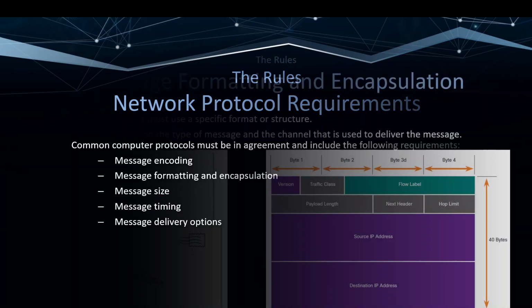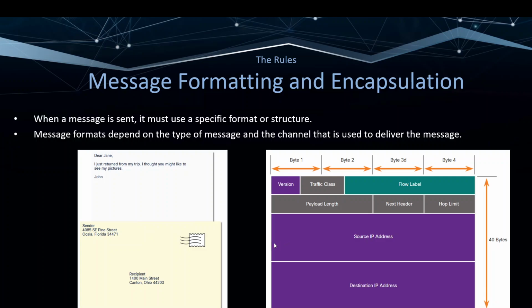Let's move forward. As you can see here, the message formatting and encapsulation. Why do we need encapsulation, why do we need to add headers and trailers to the data itself?